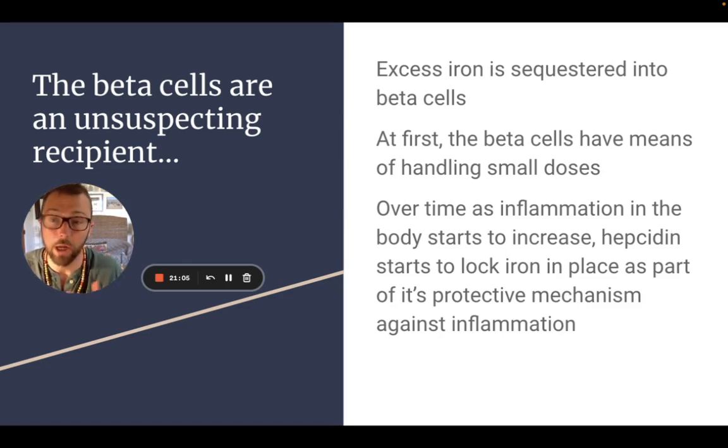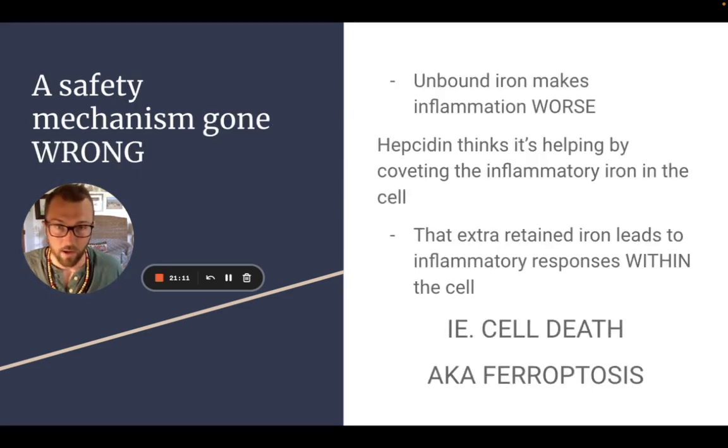So if you remember, too much hepcidin leads to anemia of inflammation. And this is a safety mechanism that on paper looks amazing. And there's like this minor detail, this minor caveat at the bottom that says, oh, by the way, in states of iron excess, it may make things worse.